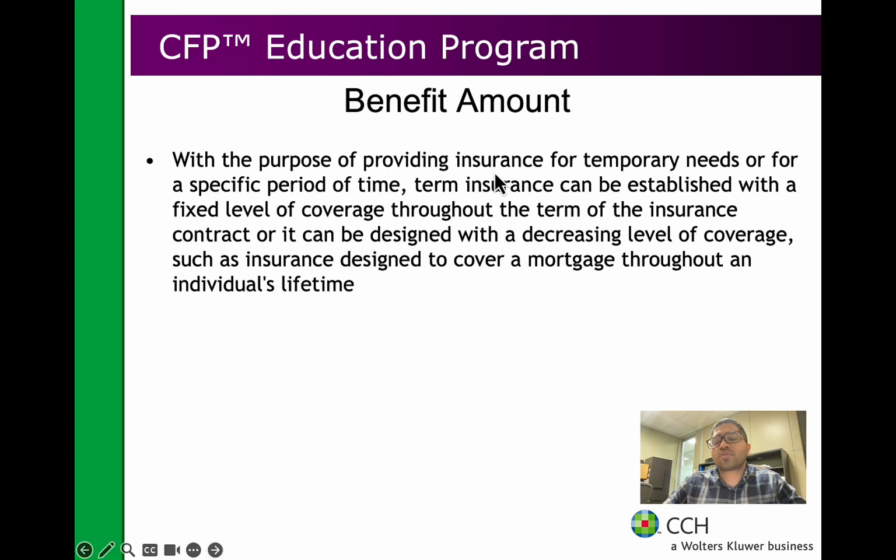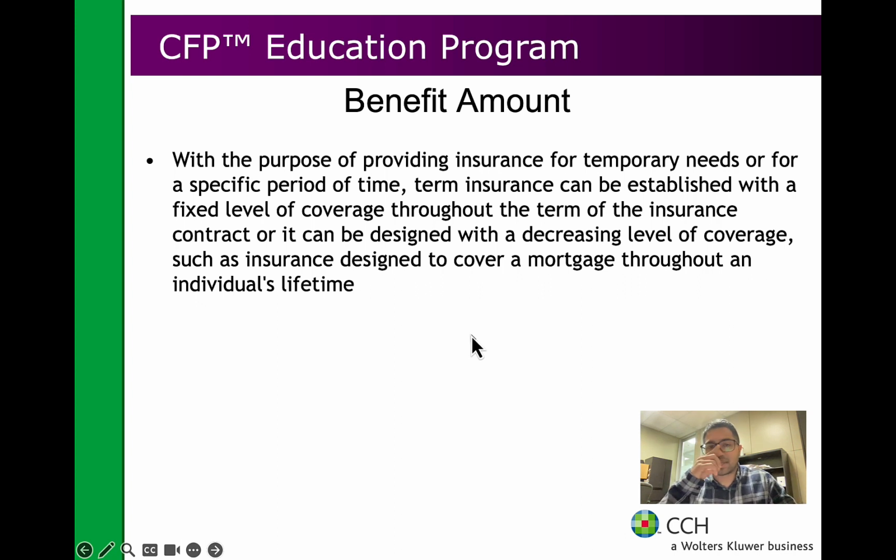With the purpose of providing insurance for temporary needs or for a specific period of time, term insurance can be established with a fixed level of coverage throughout the term of the insurance contract, or it can be designated with a decreasing level of coverage, such as insurance designated to cover a mortgage.